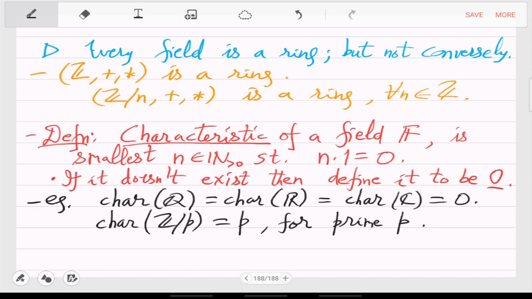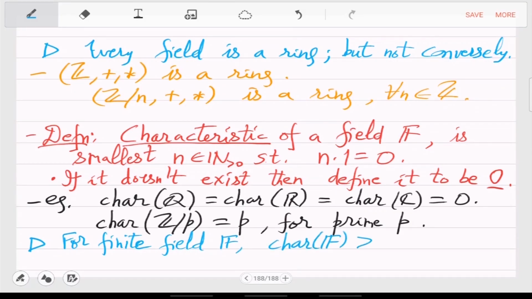Okay, so next property. So the first property you can show for characteristic is for finite field F, the characteristic is positive. Can you show this?